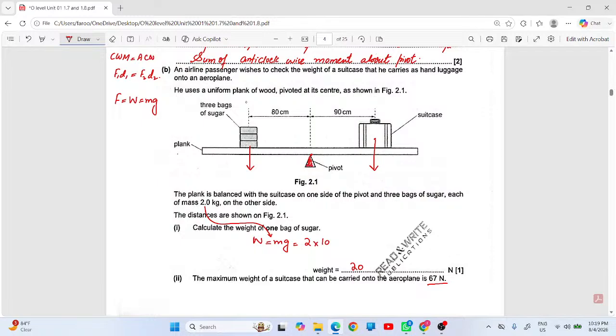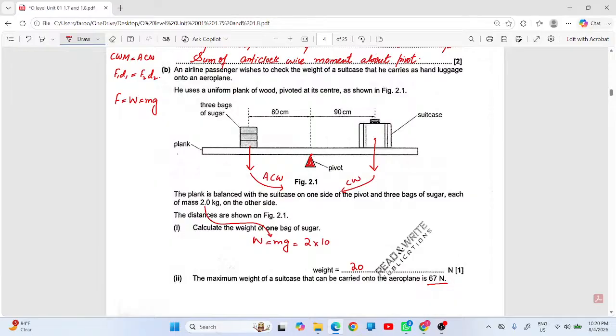Now tell me, which will create the clockwise moment and which will create the anti-clockwise moment? Very good. Anti-clockwise moment is due to the sugar bags, and clockwise moment is due to the suitcase.